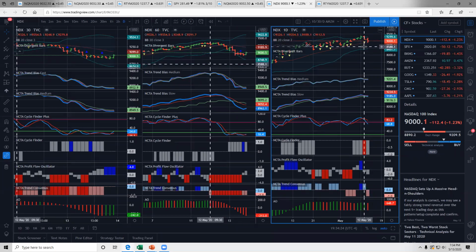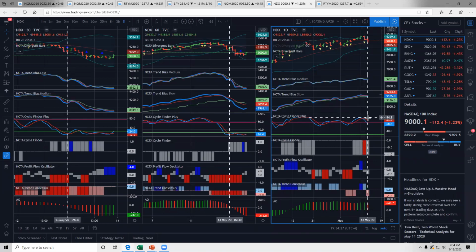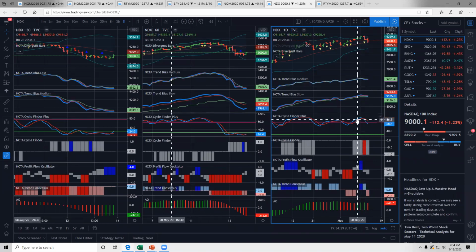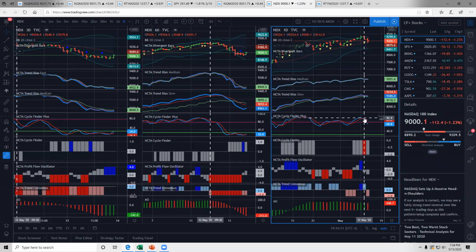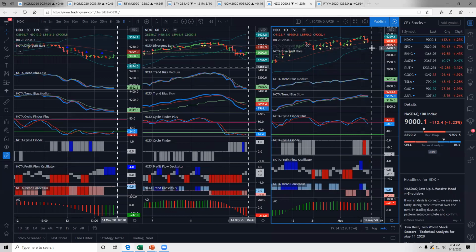So yesterday was a divergent bar, but we didn't have a cross on Cycle Finder Plus to the downside on NDX yesterday. It crossed midday, but it wasn't one of our daily crosses because we're only looking for those at the open of the market. So today we were prepared at open because it looked like it was going to be a cross, and it was right on the heels of a divergent bar.